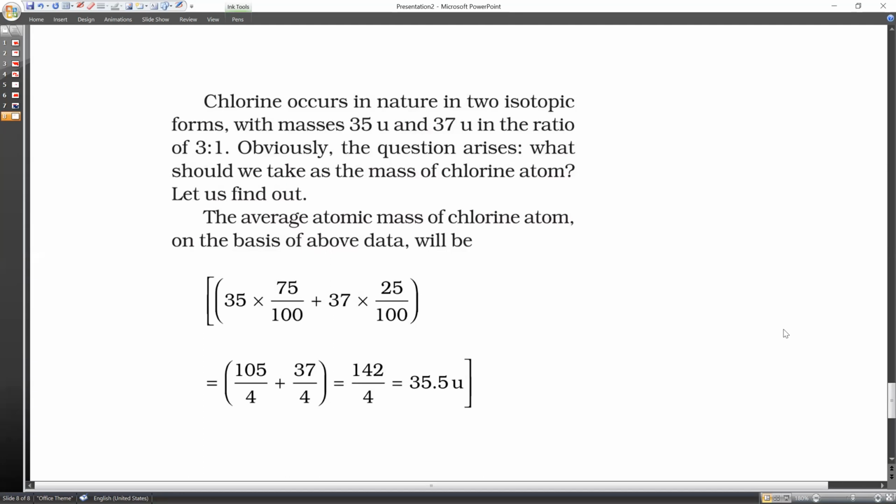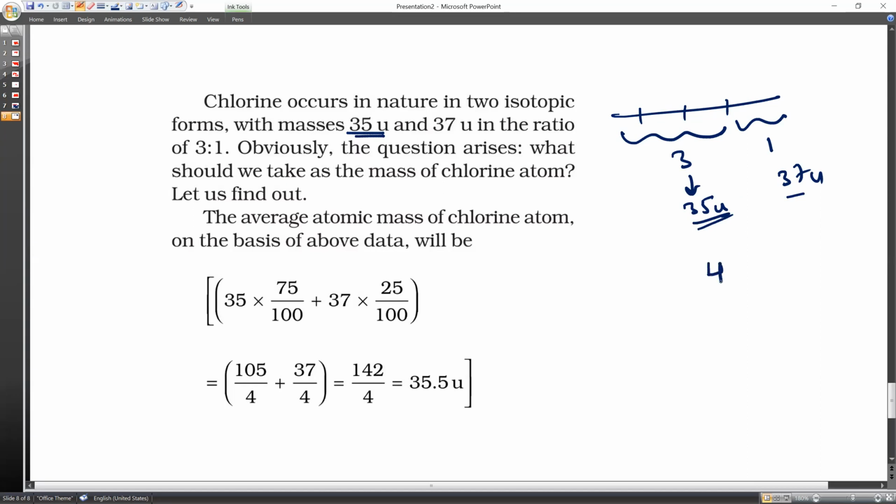If the ratio is given, then the ratio of 35 is 3 times, so 3 upon 1. If you write it as a fraction, there are 4 parts in total: 3 parts are for chlorine-35 and 1 part is for chlorine-37.